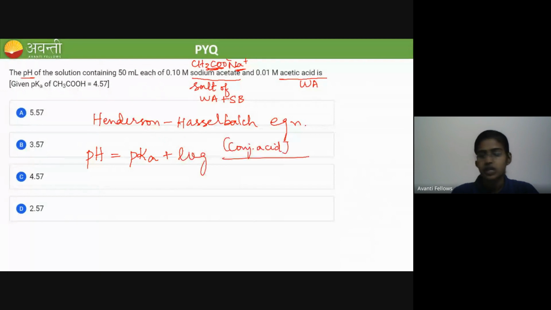I'm sorry, it is the concentration of conjugate base. To find out the pH, we have to use base in the numerator. It is the concentration of conjugate base by concentration of acid.